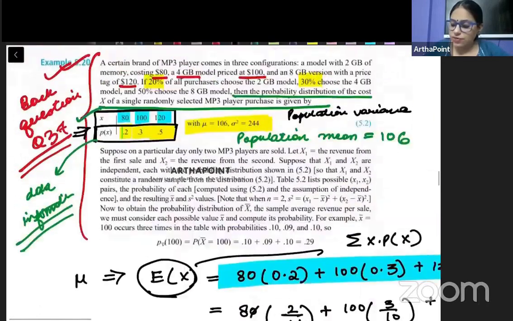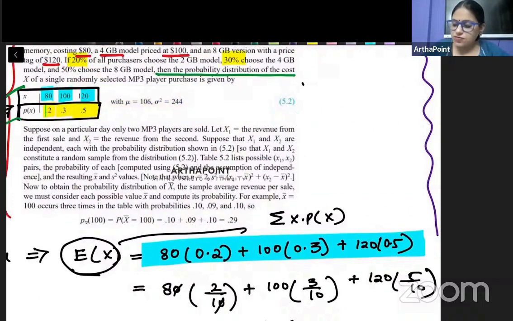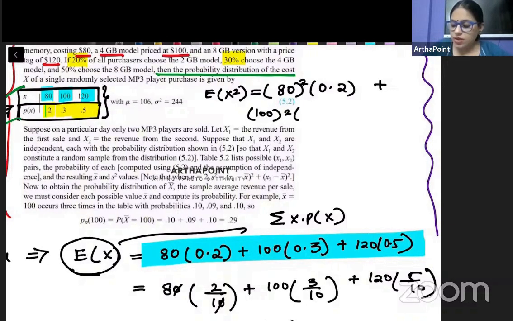Right, beta? Achha, now if I just focus on this part, what will I realize? I will realize in this case that E of x square will be 80 square into 0.2 plus 100 square into 0.3 plus 120 square into 0.5.